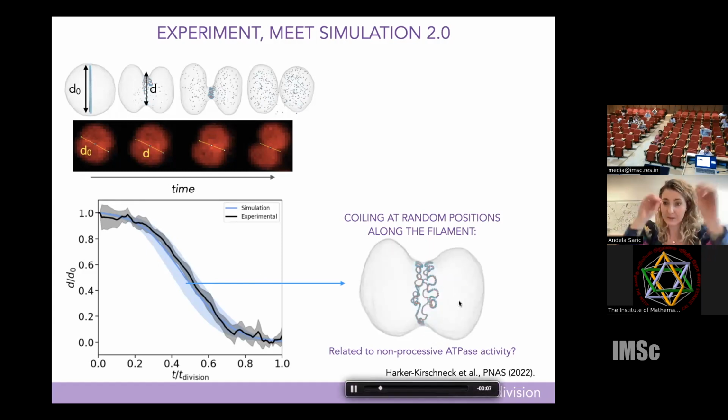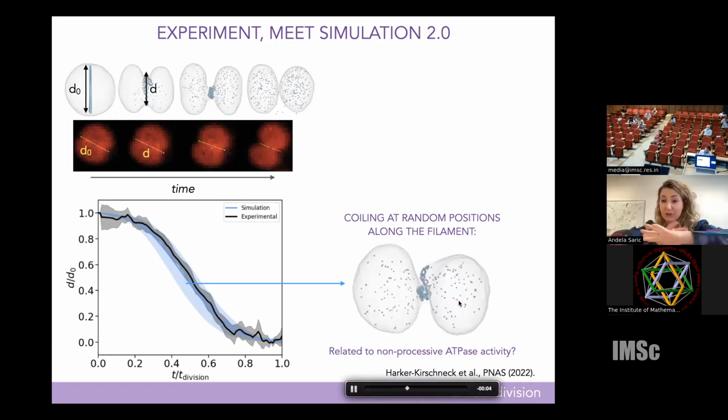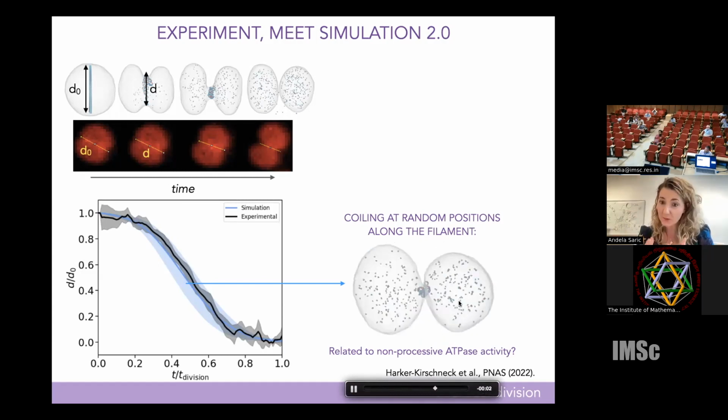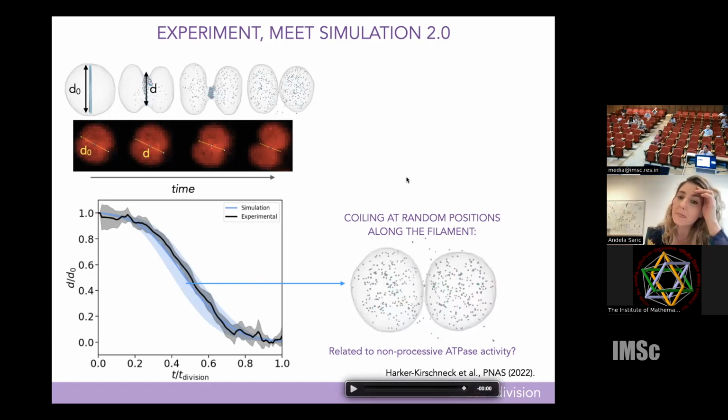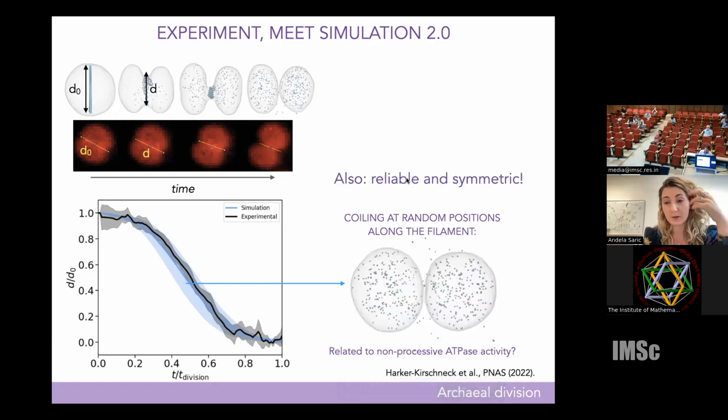If you do it at random positions, which distributes tension the most uniformly, you get exactly the same curve as the experimental one. You also get the system to divide extremely reliably because the tension is uniformly distributed and symmetrical.